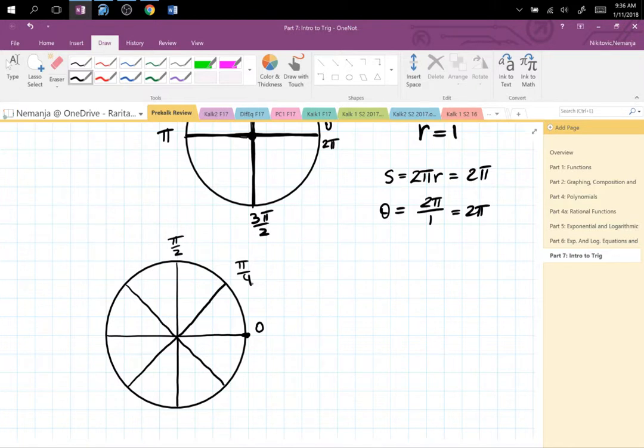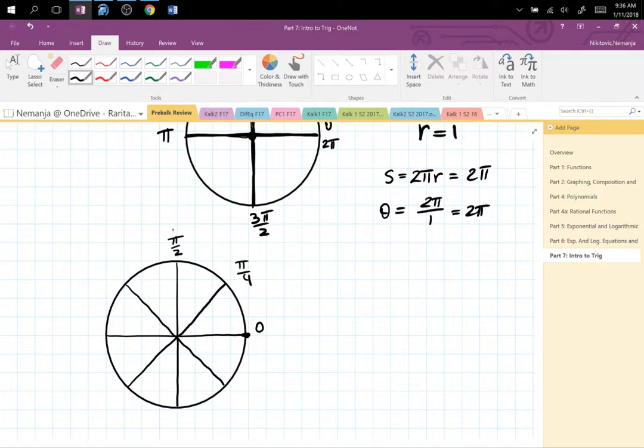Now, I'm going to erase this pi over 2 from the top, which I used just to quickly come up with pi over 4. So, come on, pen, wake up. Battery? Maybe, I don't know.